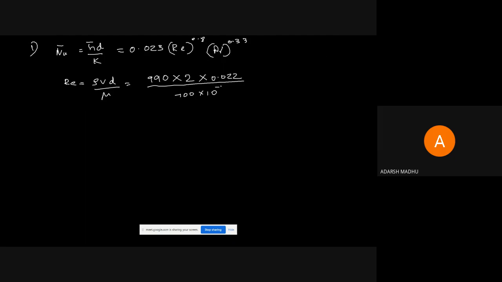So directly we can find the value of Re. Rho VD by mu or rho UD by mu, either, is the Reynolds equation given in the data book.